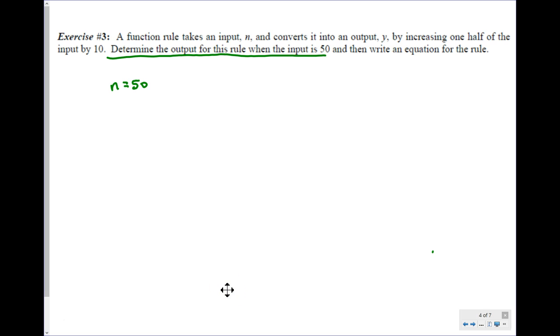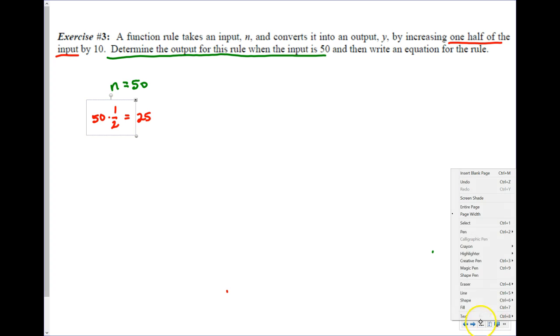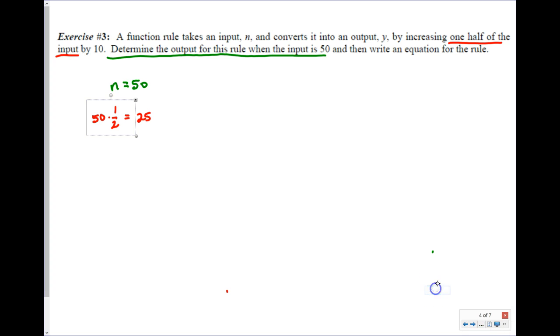Well, first of all, I have to get half of the input. So I have 50, and I have to get half of it. So I'm going to multiply it by half. 50 times a half, well, what's half of 50? 25. Then the next part says to do what? So that was my 1/2 of the input. And then what do I have to do? I have to increase it by 10. So I'm going to have 25 plus 10 to give me 35.